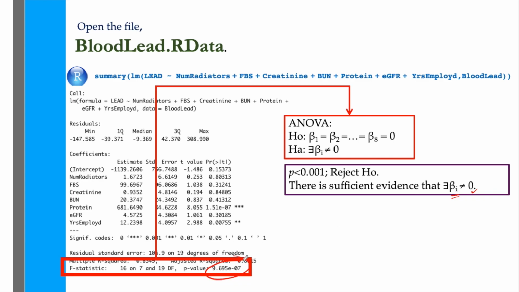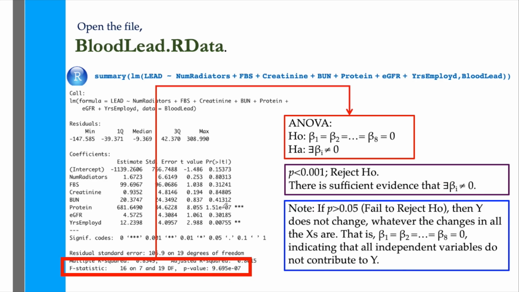Okay? So in the ANOVA result here, a p-value less than 0.05 is a good result because there is a coefficient that is not 0, meaning you were able to find at least one predictor of y, in this case, blood lead.